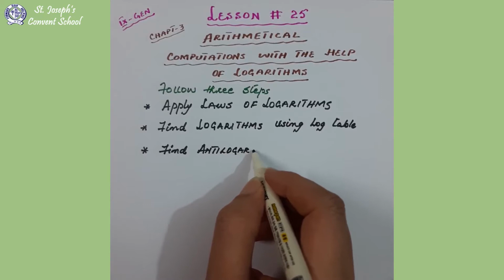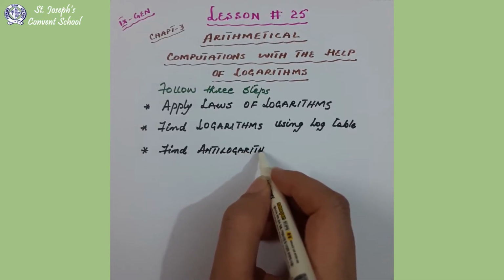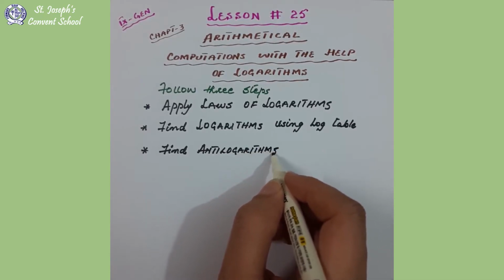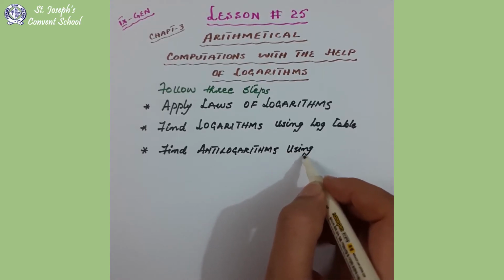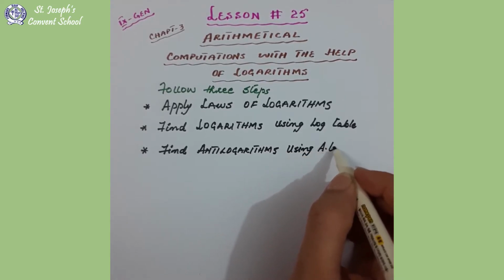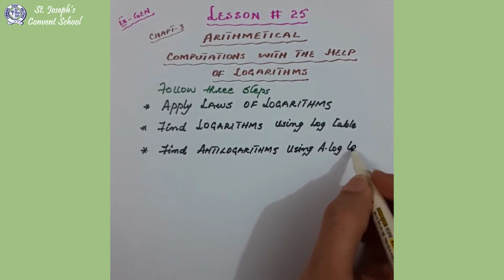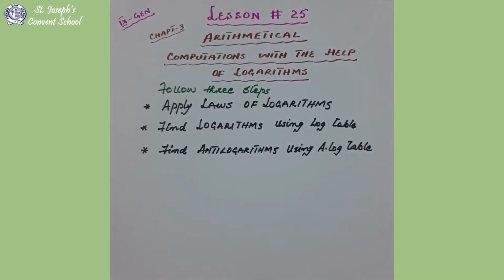If you know how to find this also, then you can complete your question easily using the anti-log table. So these 3 steps you have to follow while doing questions. First step, apply the law, change the signs, then find log using log table, and the last step is to find the anti-log using anti-log table.